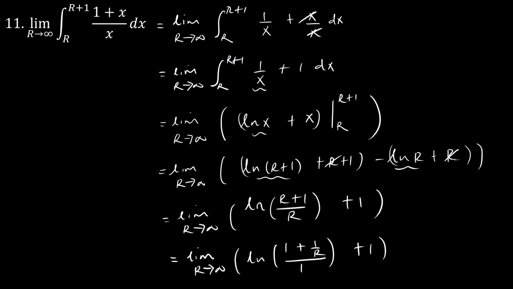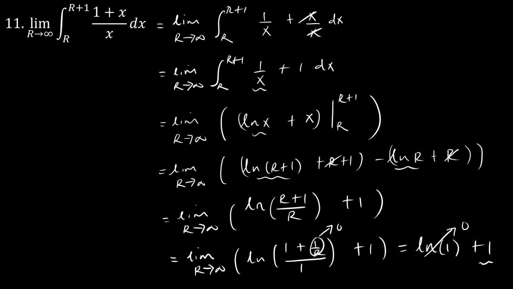As r tends to infinity, this part goes to 0, so this becomes natural logarithm of 1 plus 1, and since the logarithm tends to 0, we are left with 1 as the answer.